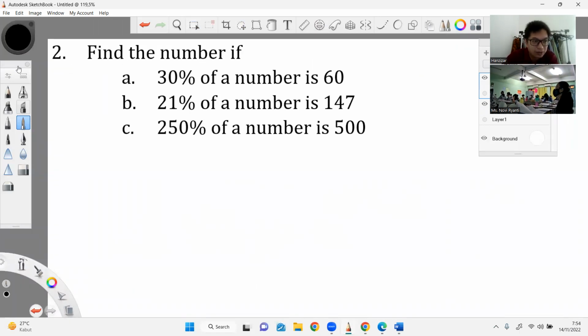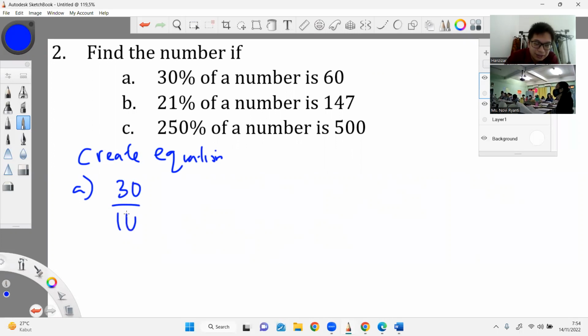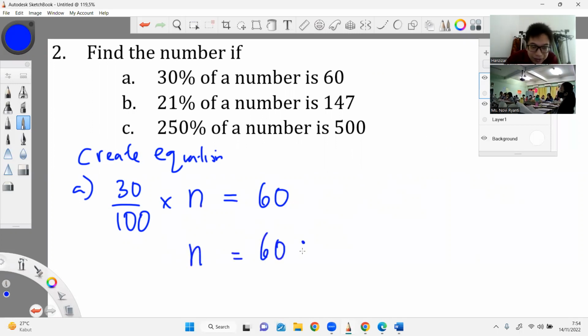Make the equation. Or you can do the rate later. 30% of a number, we don't know the number, so let's say n, is equal to 60. So what is the number? n equals 60 divided by 30 over 100.